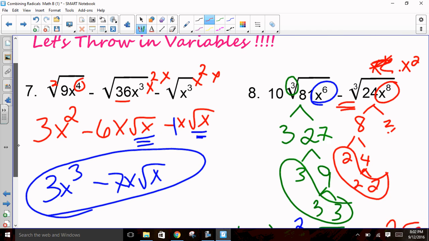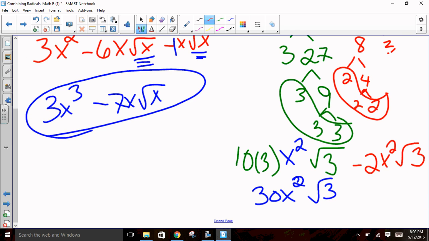I have x squared left underneath. Nothing else to simplify on that one, so minus 2x squared root 3x squared.